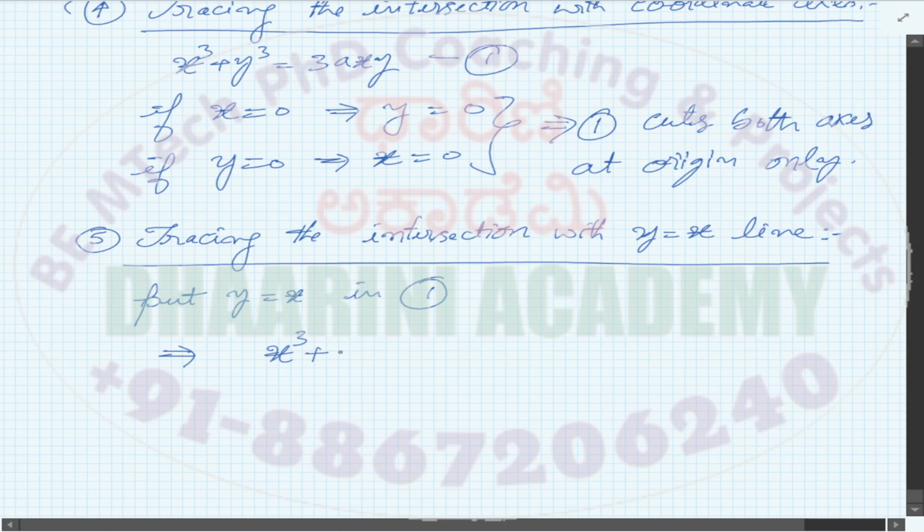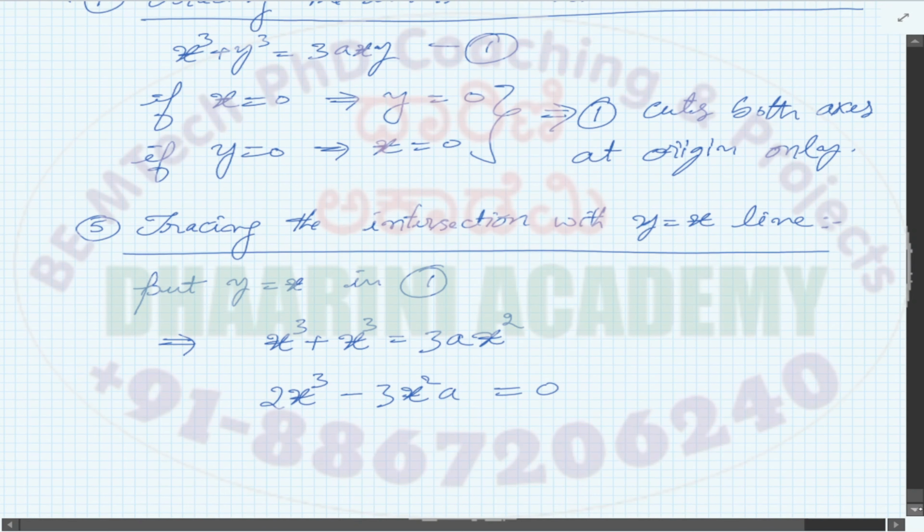The second term is y cube, but I am going to put x cube, because y equal to x, equal to 3 times a into x into x, which is x square. So I can write it as 2 times x cube minus 3 times x square into a is equal to 0.